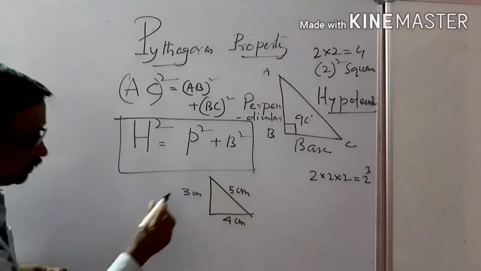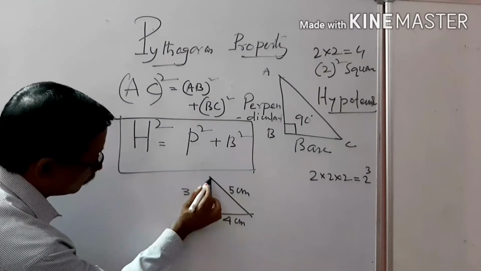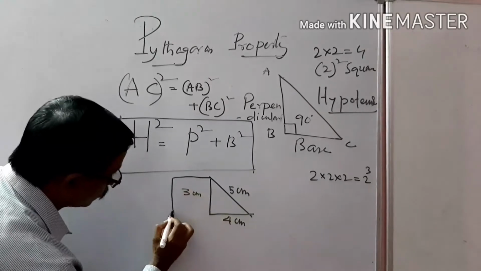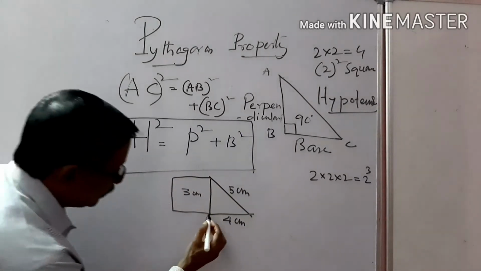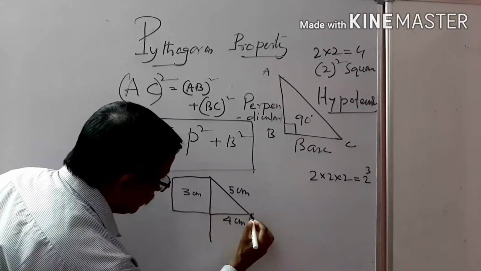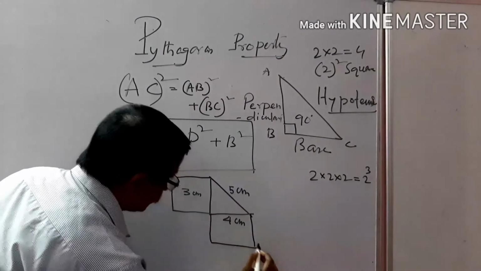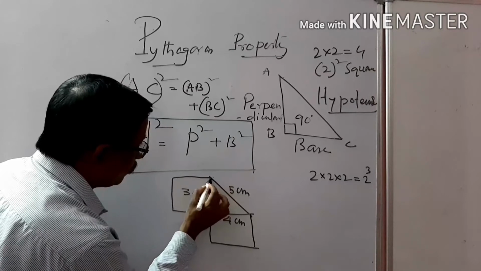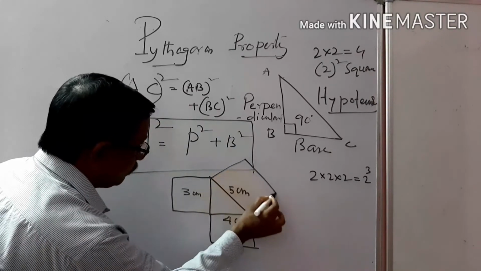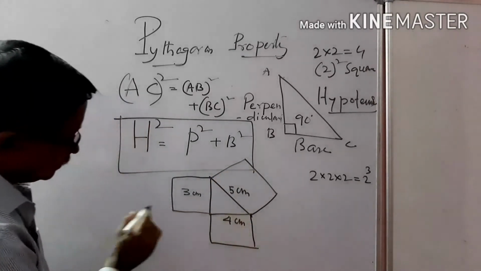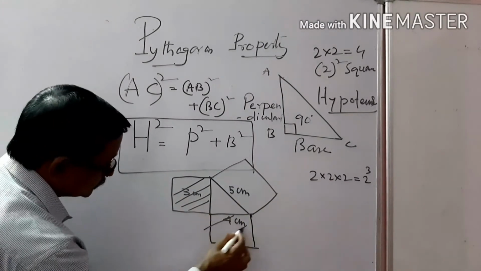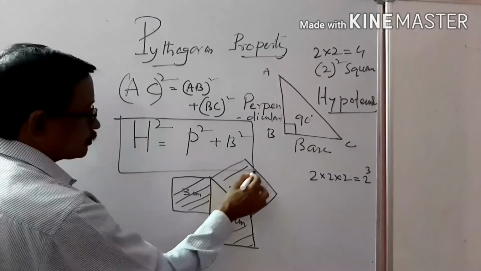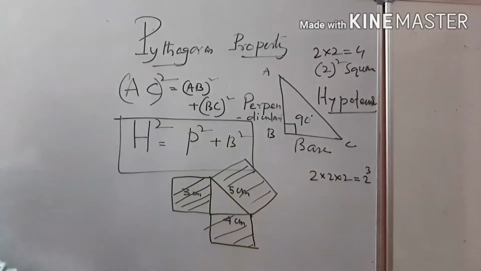As we are talking about the square form, I am drawing a square on the side of 3 centimeter, a square on the side of 4 centimeter, and another square on the side of 5 centimeter. So we have 3 squares there.